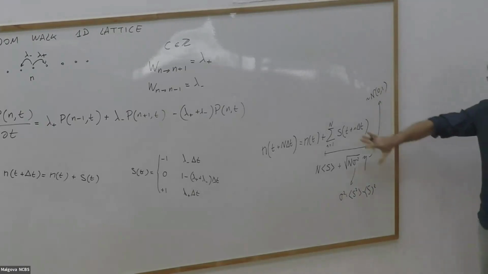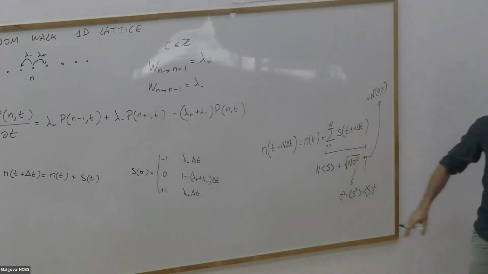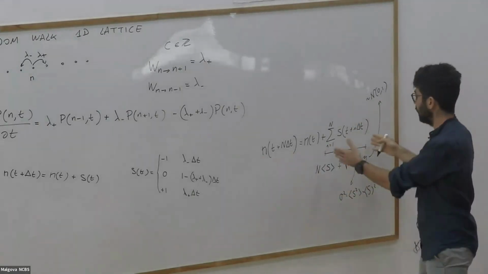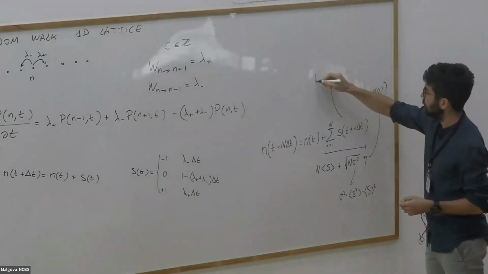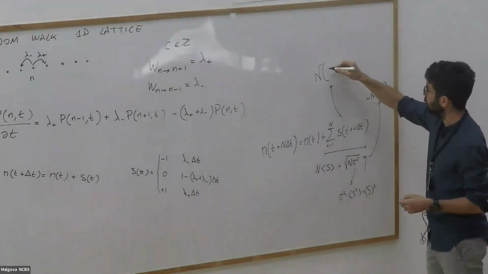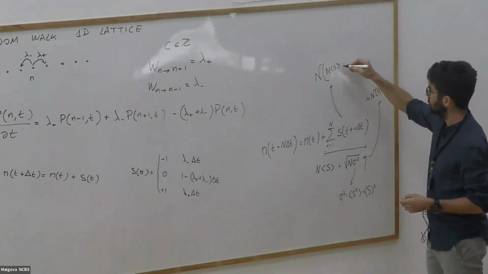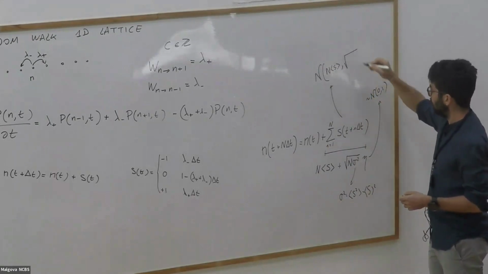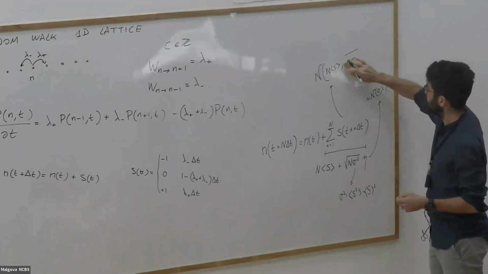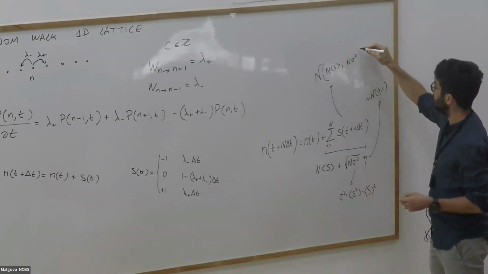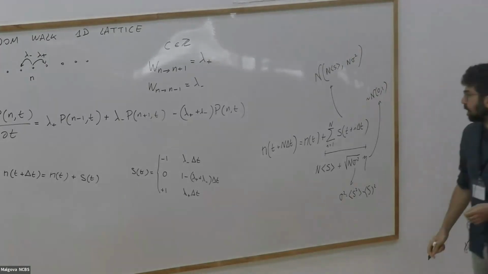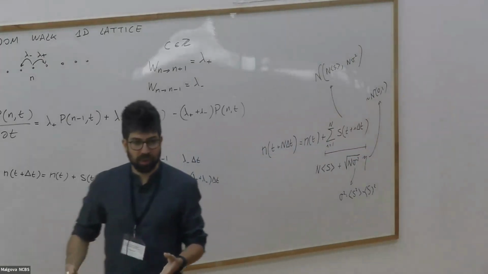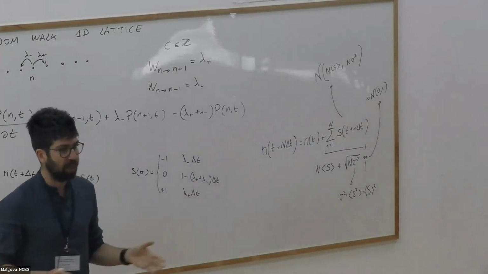Okay? So writing this is exactly equivalent to saying that this quantity is Gaussianly distributed with mean n times the mean of S, and the variance is n sigma square. Okay? Good.